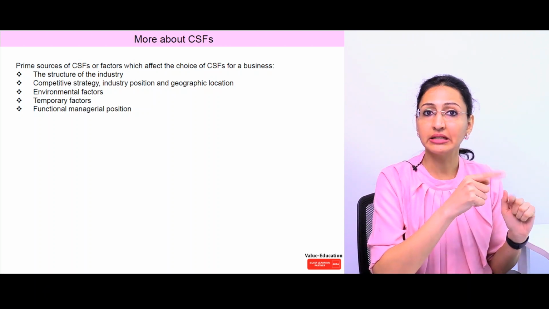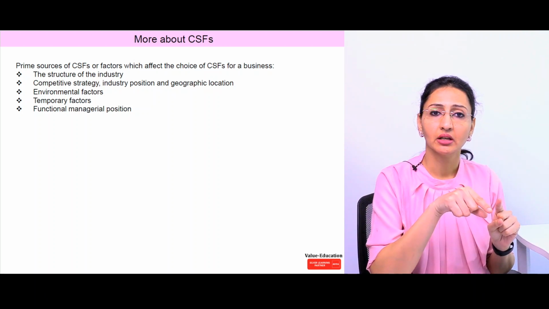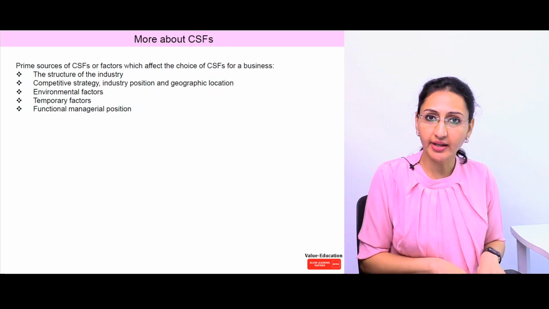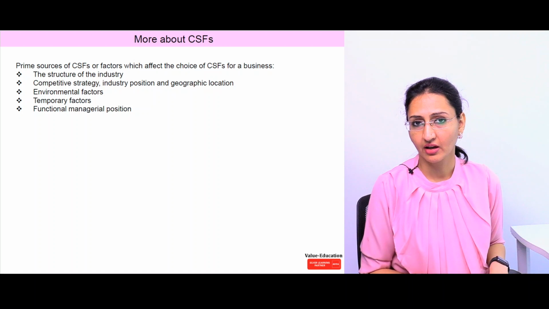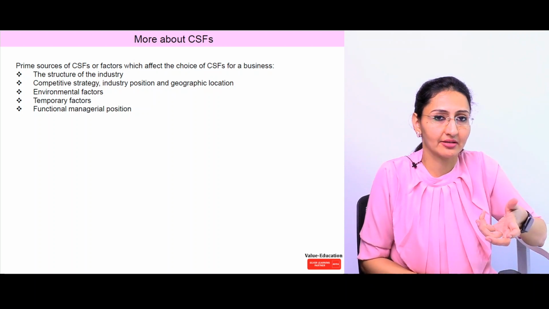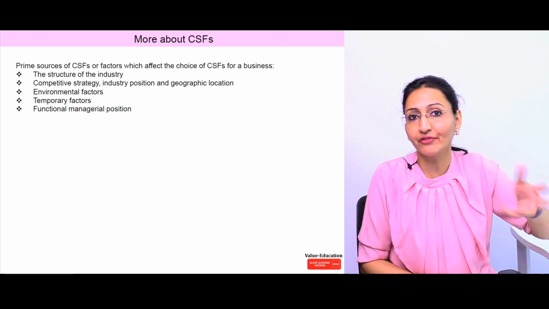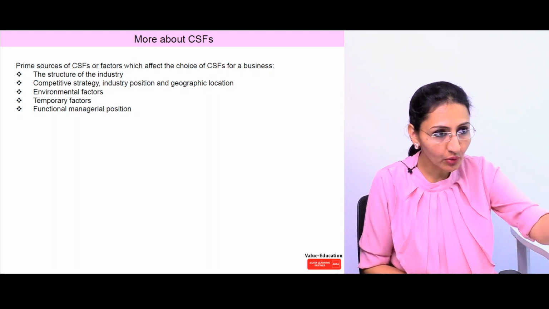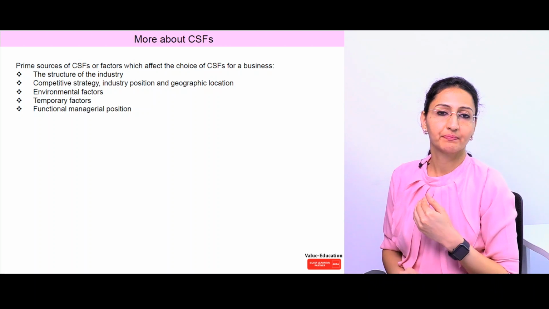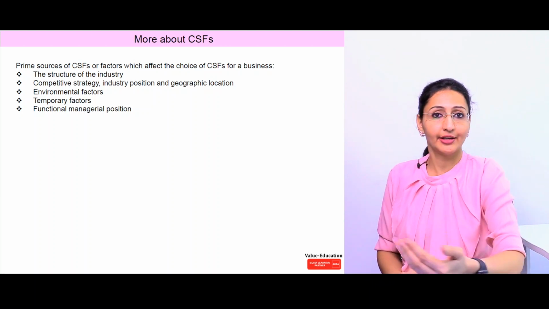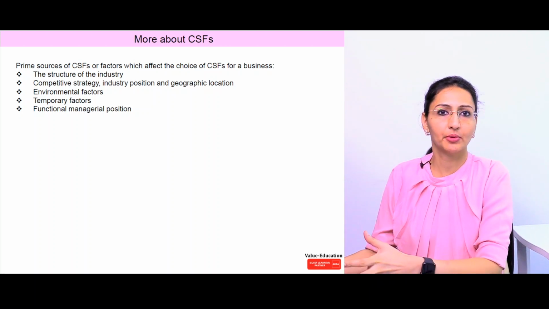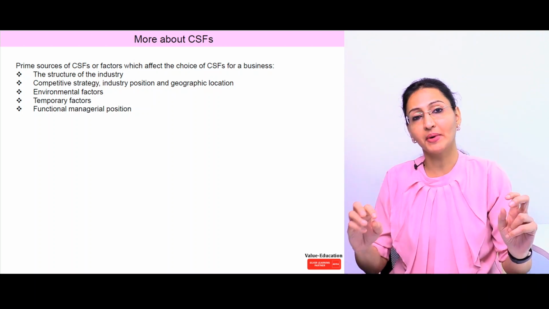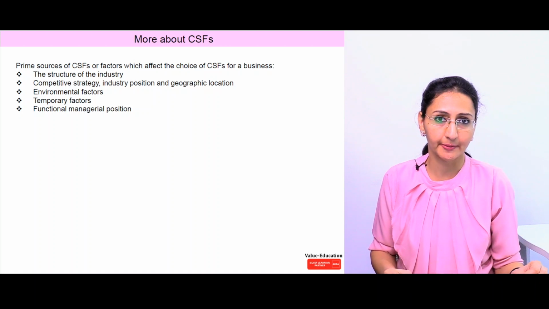Now, for them, the critical success factor becomes getting this problem corrected, ensuring that their products are safe. So, these are temporary factors. During this temporary phase, the company's critical success factor will become dealing with all the problems, correcting all the handsets, correcting all the cars which had that problem. Engines were to be corrected. So it's a temporary factor which is impacting the critical success factor of the entity.